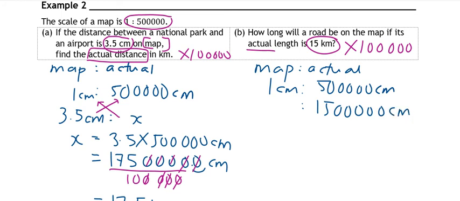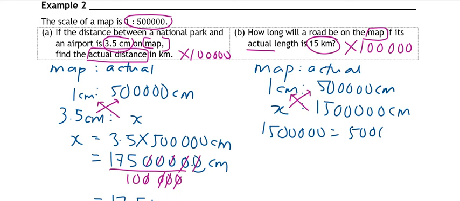And since you're looking for the distance on map, you have to put x below the map. So next, you have to do cross multiplication. And here, 1,500,000 equal 500,000 times x. And next, you have to divide both sides by 500,000 because you want to find x.